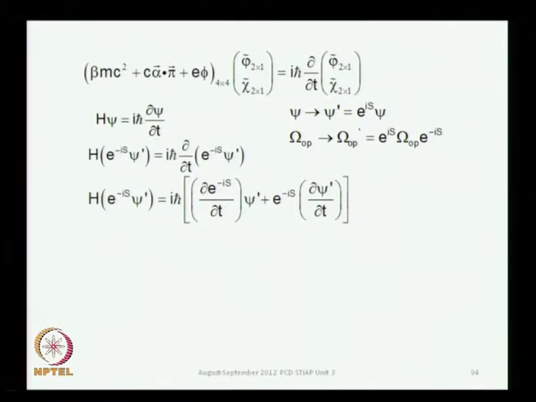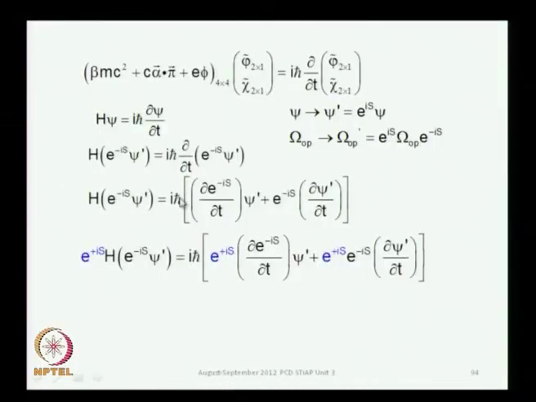So, this will be the time derivative of the operator e to the minus iS operating on psi prime plus e to the minus iS operating on the time derivative of psi prime. So, there are two terms. Let us do it very carefully, term by term. We have no reason to assume that S is independent of time. It is an operator whose form we have to explore.